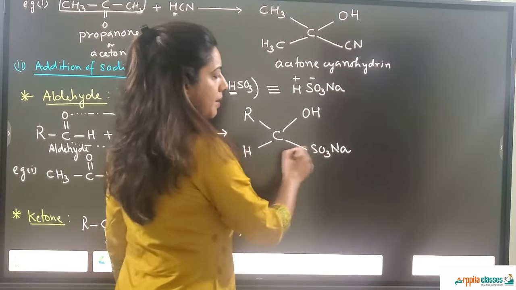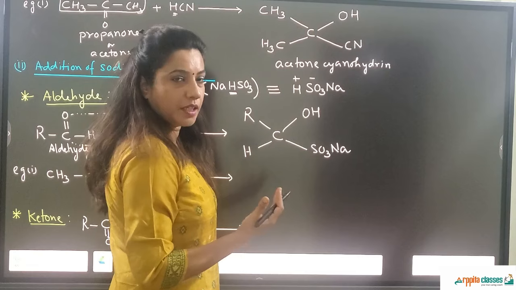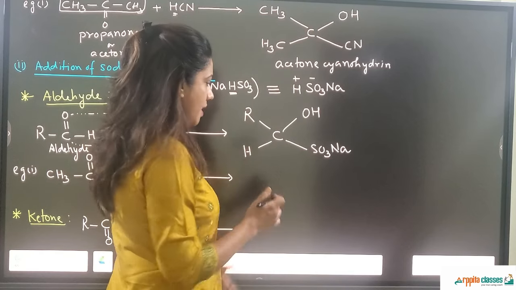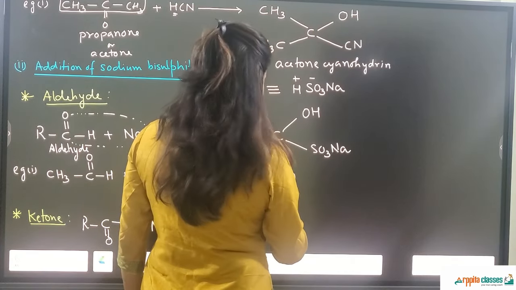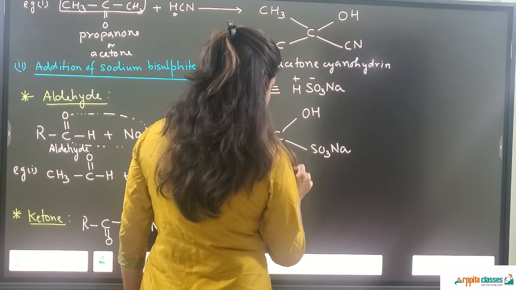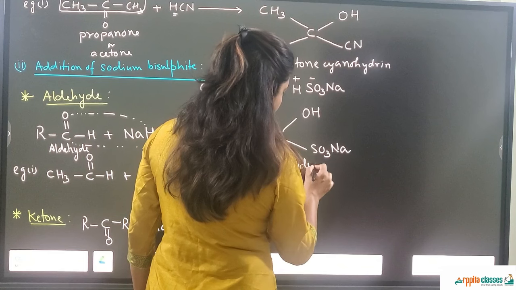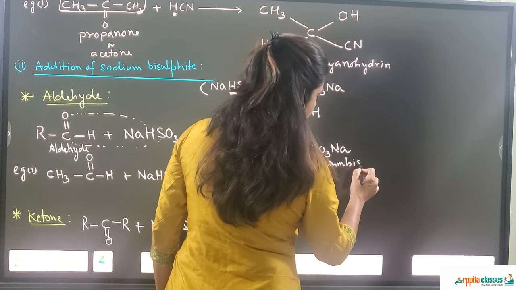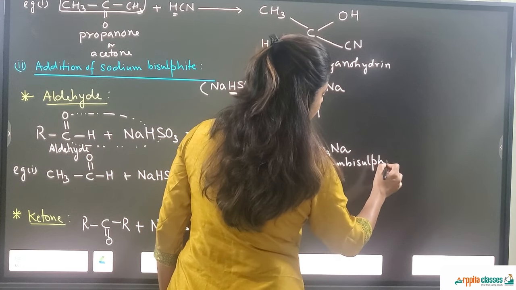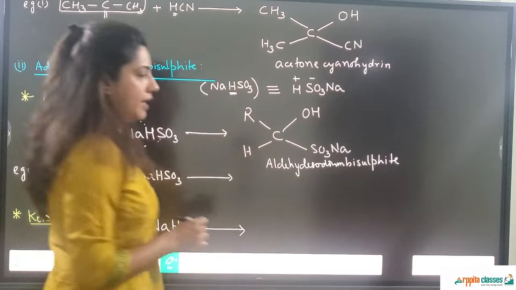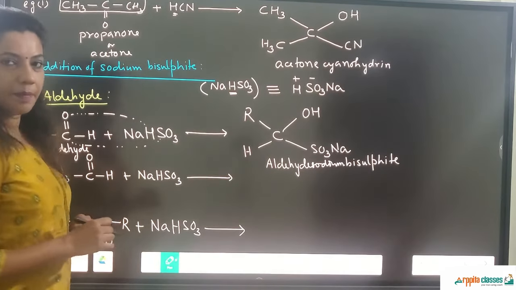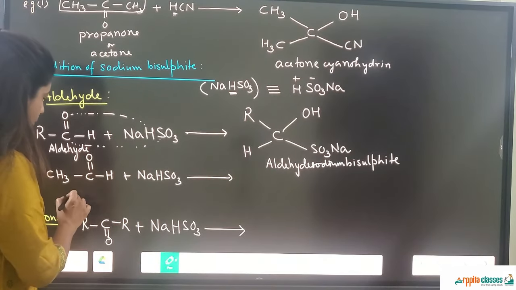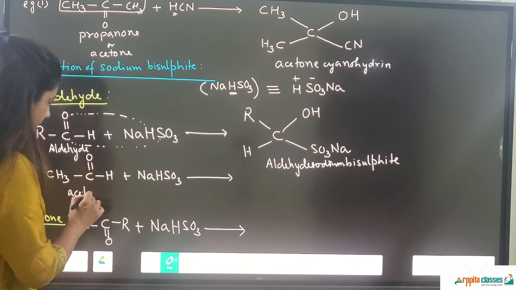Here we are getting the addition product which is a bisulfite. So we'll write it as aldehyde sodium bisulfite. The name of the product is aldehyde sodium bisulfite. Okay. Let's take up a particular example, CH3CHO, which is your acetaldehyde.